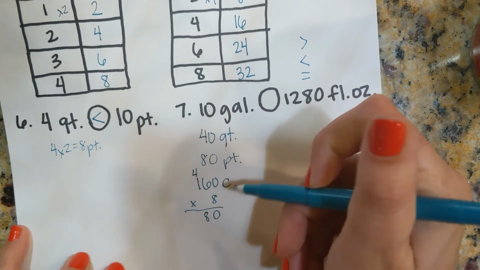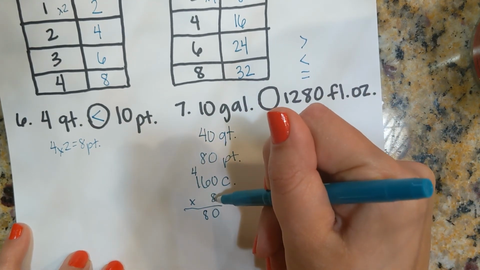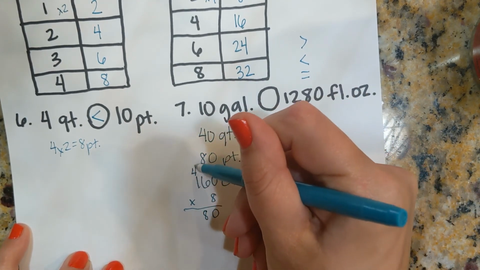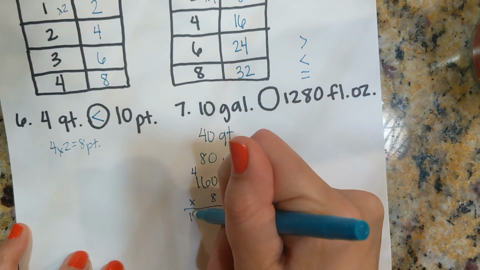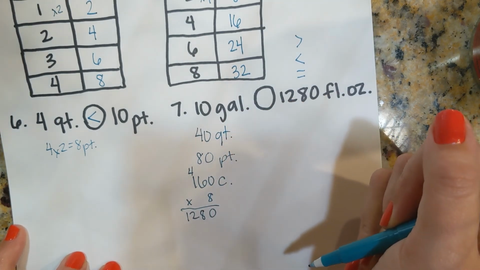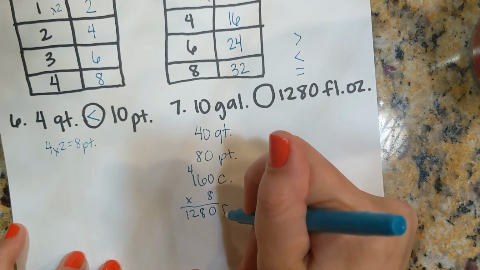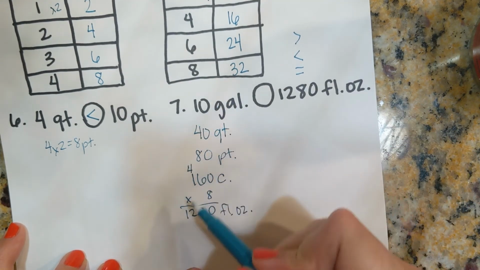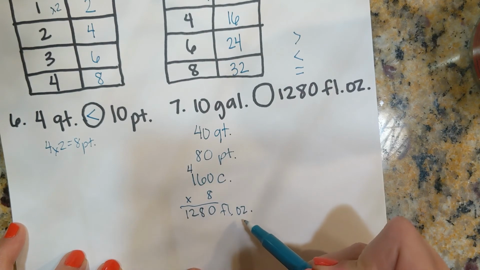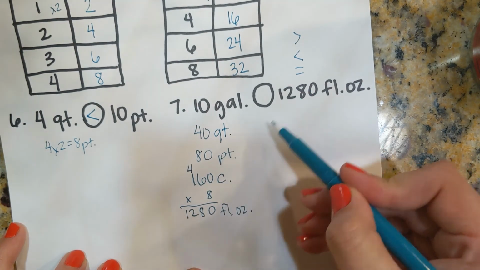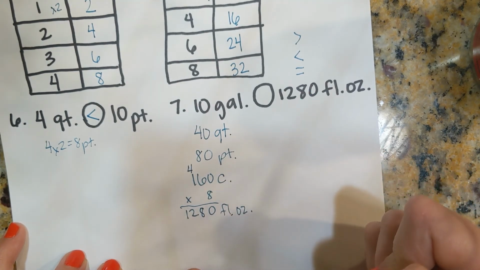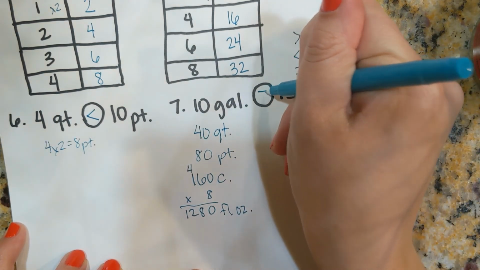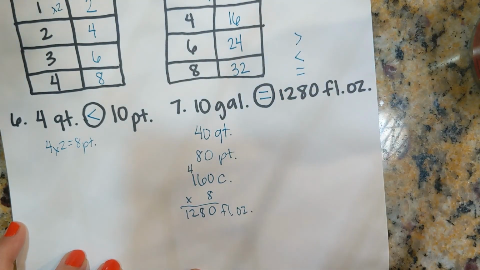Regroup the 4. 8 times 1 is 8. Add that 4 back in. We have 1,280. This is our fluid ounces. If 10 gallons is equal to 1,280 fluid ounces, is it greater than, less than, or equal to? It is absolutely equal to.